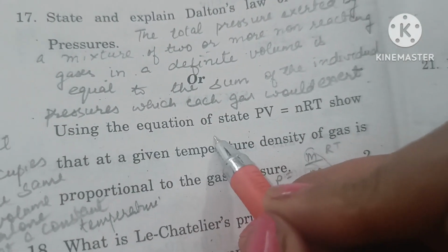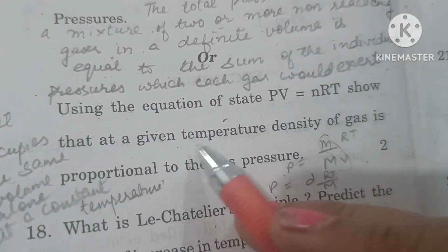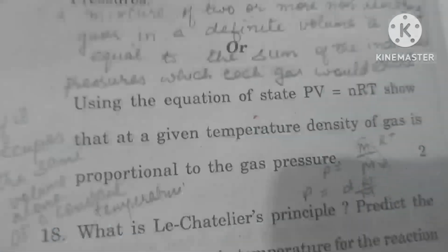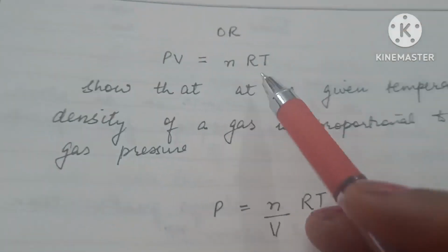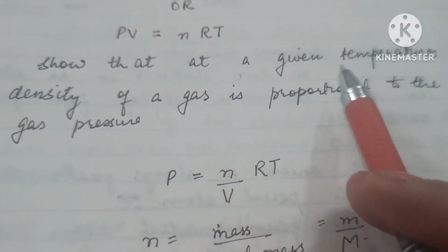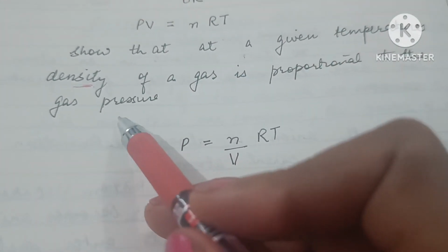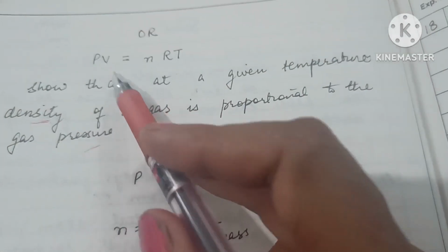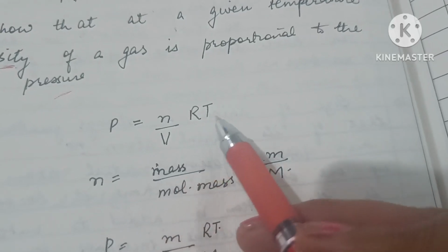Using the equation of state, PV is equal to nRT, show that at a given temperature, the density of gas is proportional to the gas pressure. PV is equal to nRT. We will find a relation between density and gas pressure. So, we take V to the other side and get P is equal to n upon V RT.